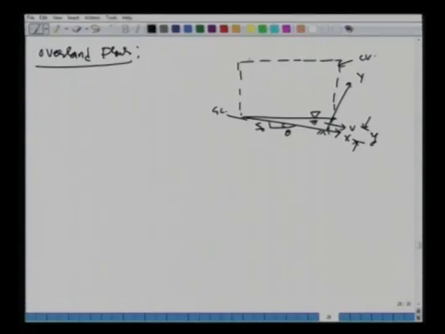What is happening is the rain is falling at the rate of I into your control volume. Infiltration is taking place into the ground, perpendicular to the ground, which is, let us say, small f, and the length of the overland flow which we are considering is, let us say, L0.